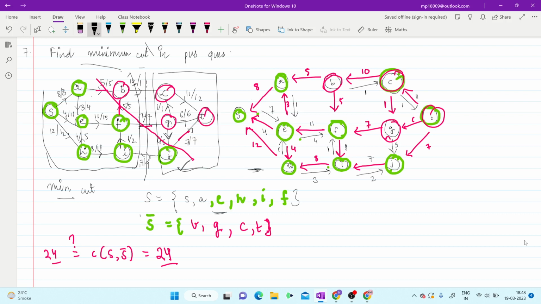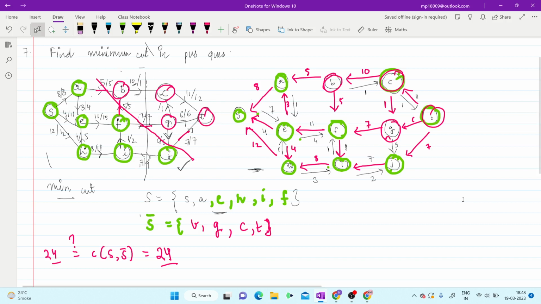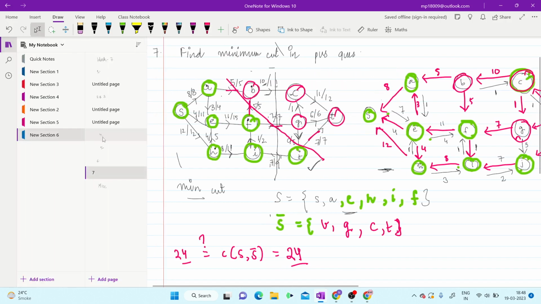You are suggesting this cut, right? You have to add capacity or flow? We have to add the capacity. So this is not the minimum cut, the one you have suggested. Okay. So maybe we made this error previously also. Let me check.